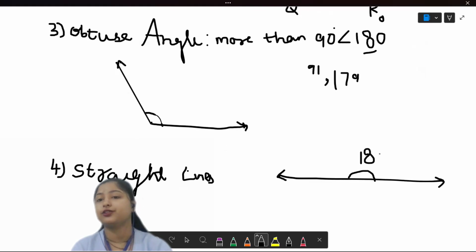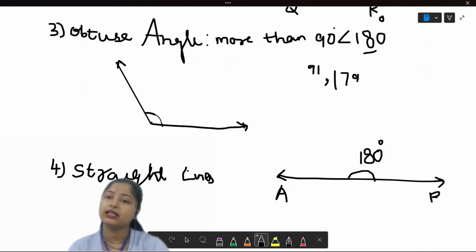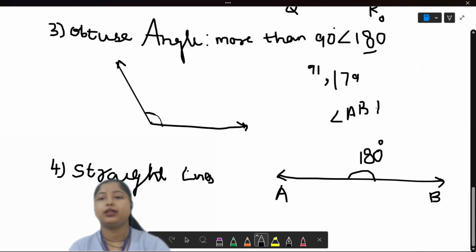Not more than that, not less than that. Let's name this A and B. So AB is a straight line angle, angle AB, which is equal to 180 degrees. As I said, you can write it as AB or BA, that's the same thing.